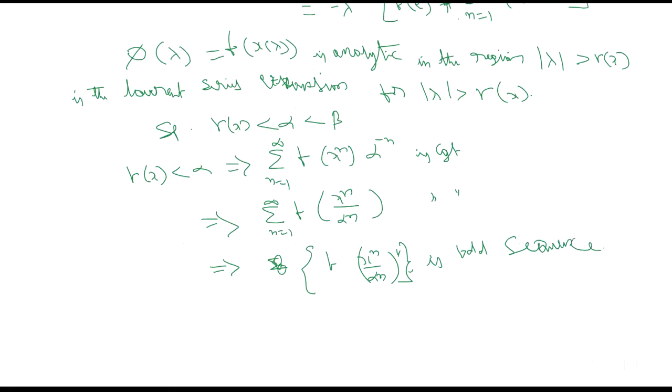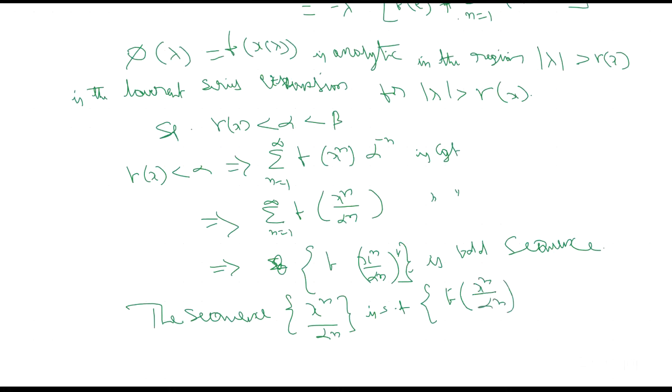The sequence x power n by alpha power n is such that f of x power n by alpha power n is bounded for every f belongs to X star.